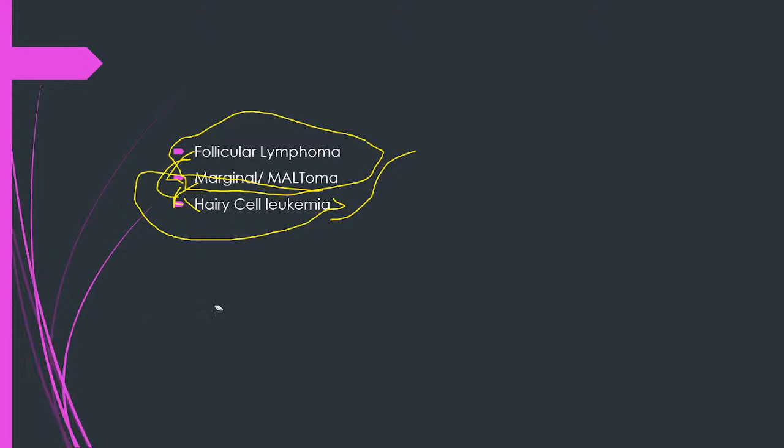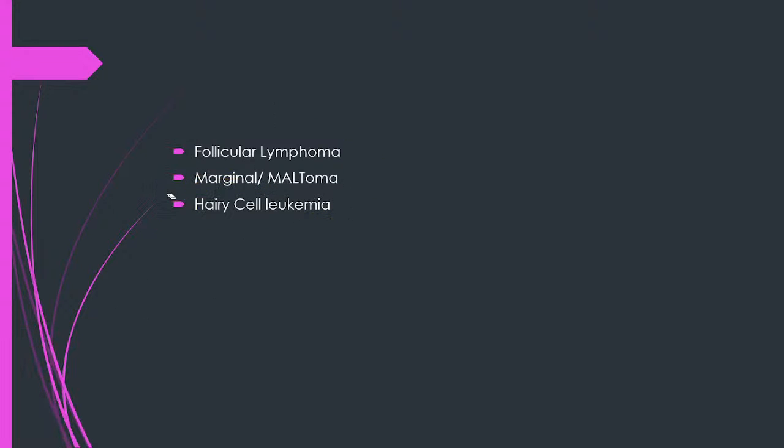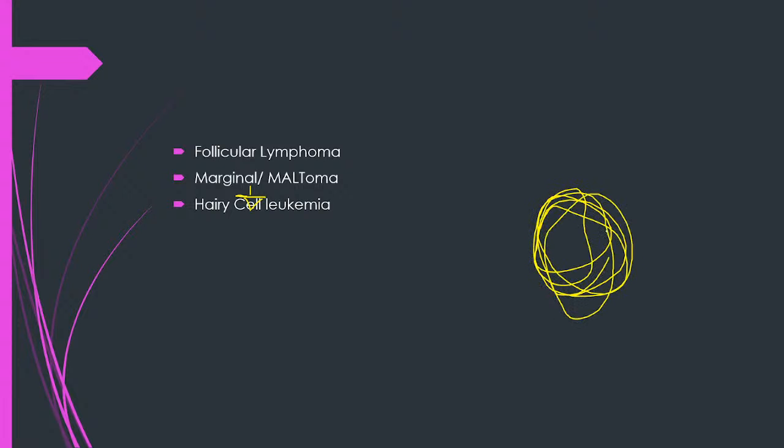Okay, now I'm gonna erase the drawings. So it actually arises from one of these two. Now, what are hairy cells? Hairy cells are your lymphocytes that have escaped the lymphoid tissue. These are malignant lymphoid cells that have hair-like projections.